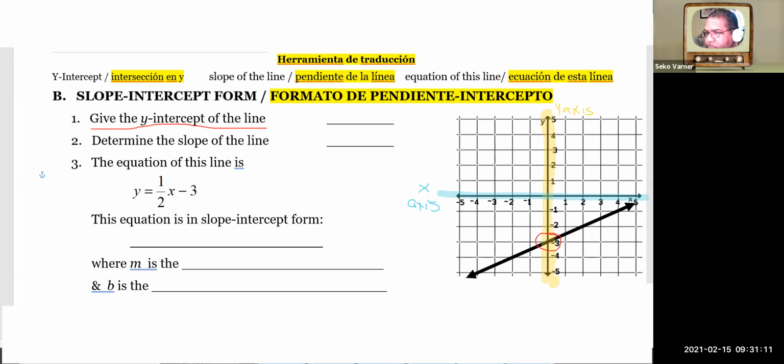So let's go ahead and put our first point right here. And what is that point? That point is 0, because left and right, x and y, we're right here in the middle. So that's 0, and -3.